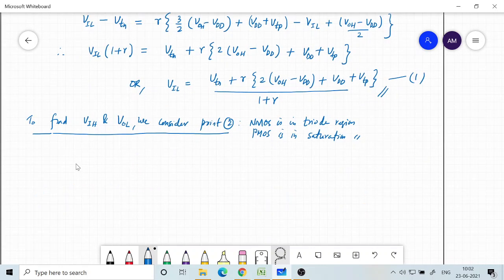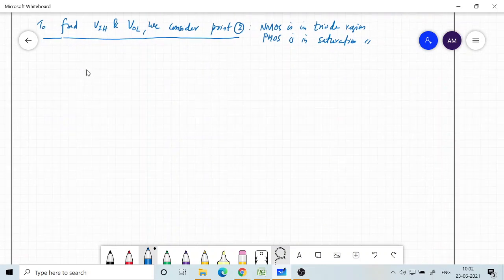So same procedure, I will quickly write. Start with IDSN is equal to minus IDSP. In the triode region the equation is beta n into VDS, VDS is basically V0 for NMOS, and then in bracket we have VGS minus VT.